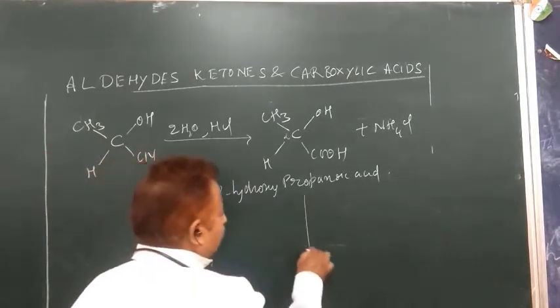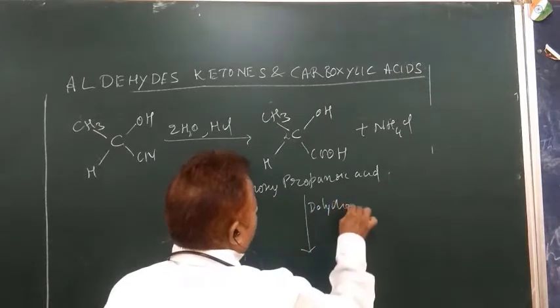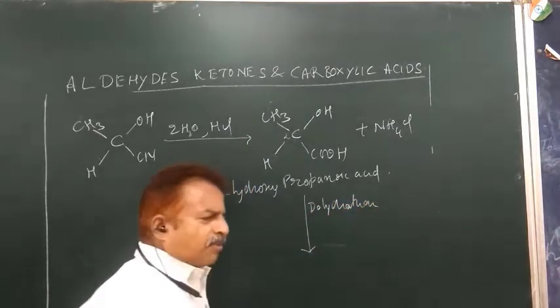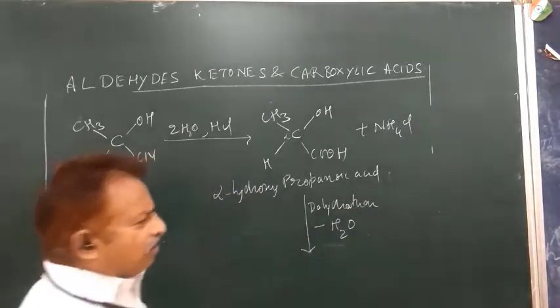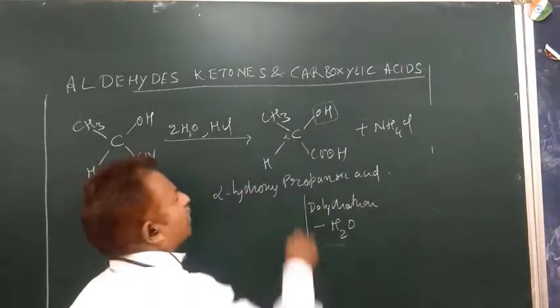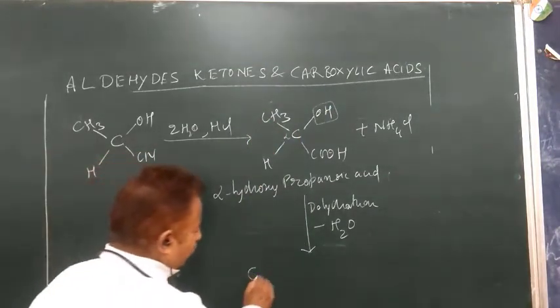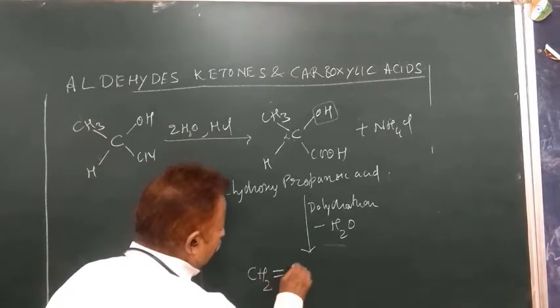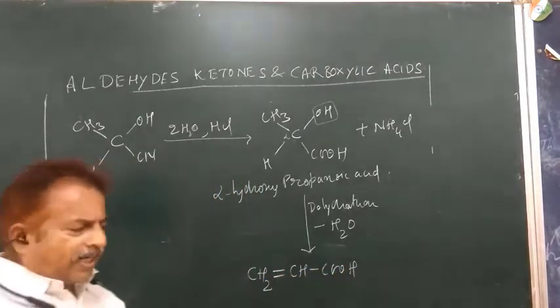Now, when it is dehydrated, dehydration means removal of water, minus H2O. During the dehydration, the OH group from the second carbon atom is removed and one hydrogen atom from the beta carbon atom is removed. Therefore, we get CH2=CHCOOH.